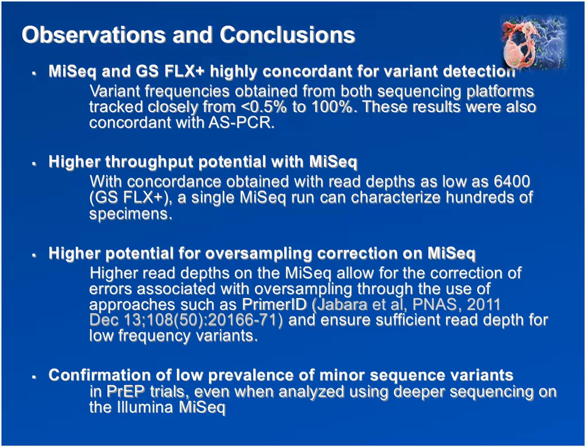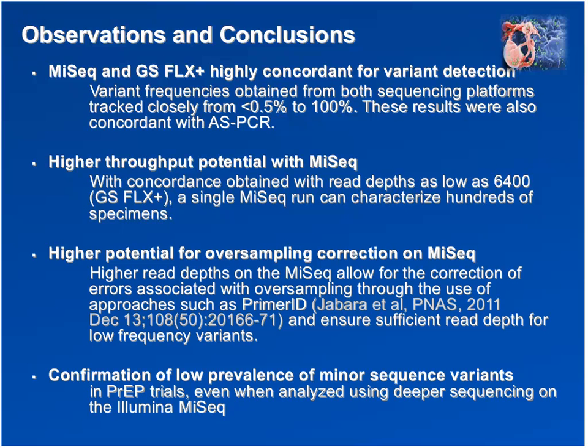As many of you know, oversampling can supposedly lead to errors, which can result in variants being identified that are not actual legitimate variants, but may simply be associated with PCR misincorporation errors.